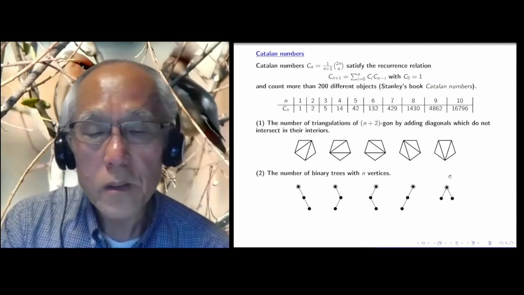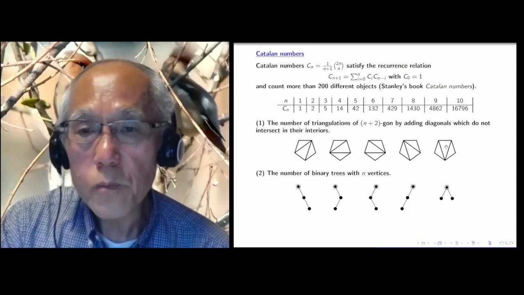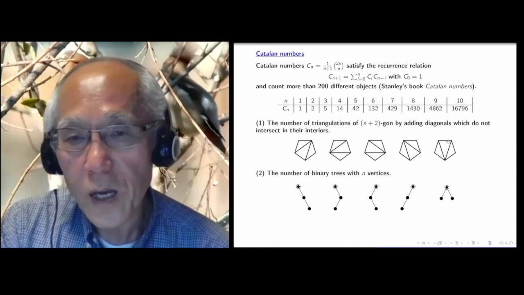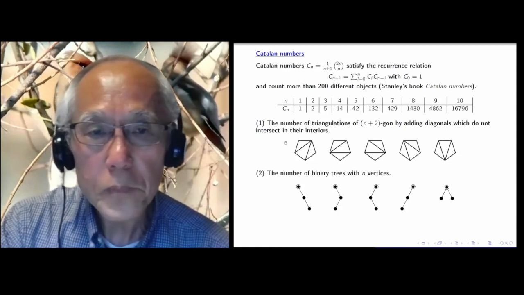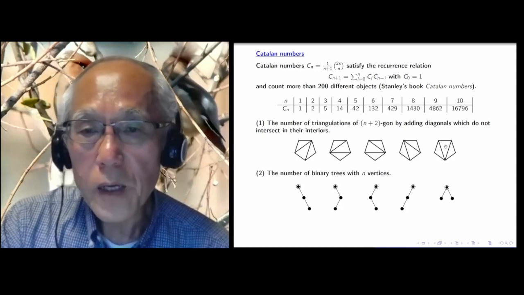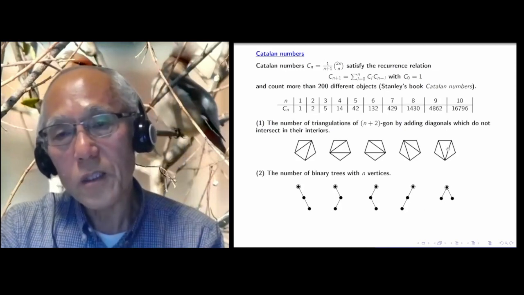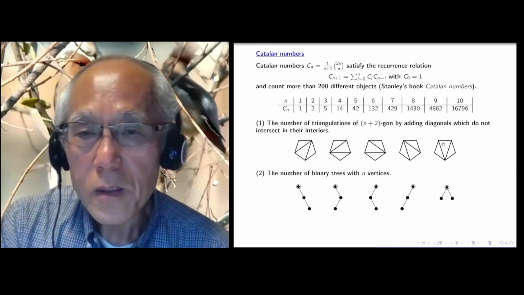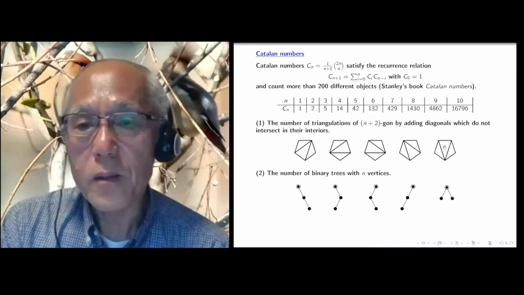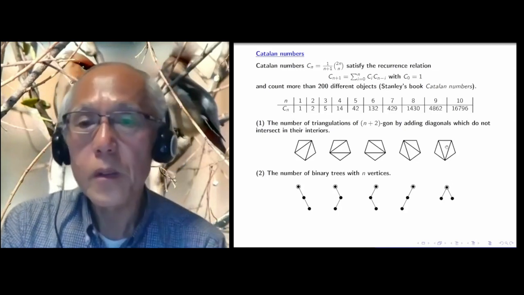And their correspondence is easy. For instance, this one. So first I fix this edge. And then look at the triangle which has this edge, and assign a vertex to each triangle. This triangle, which contains this edge, is a special one, and its vertex is the root.